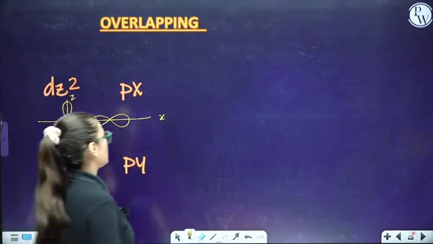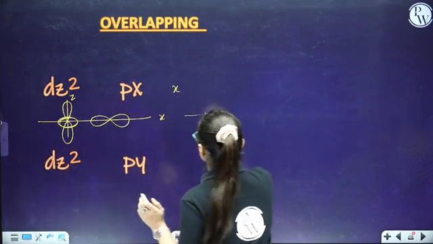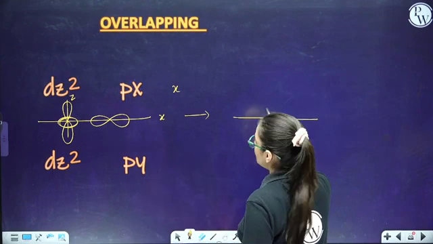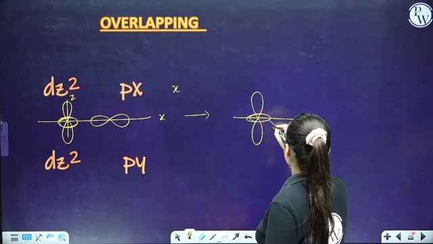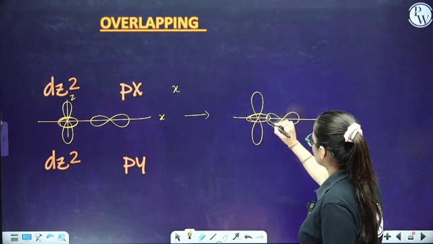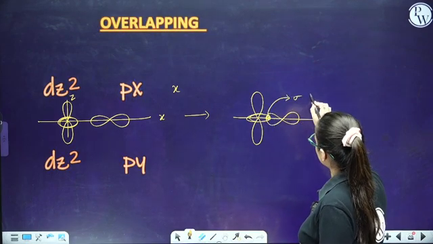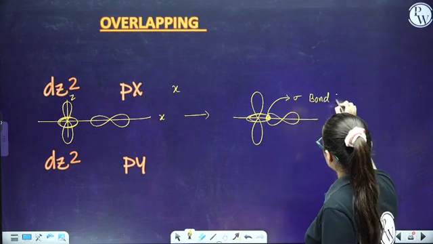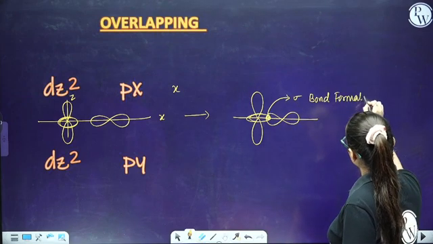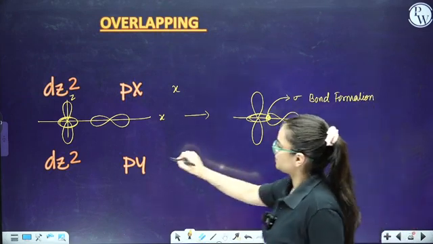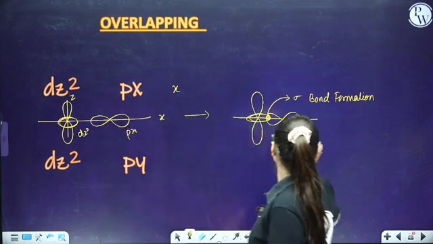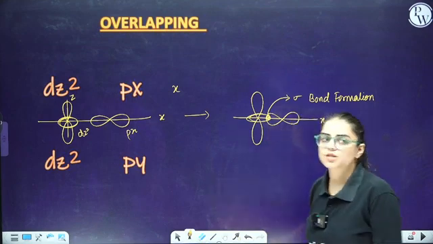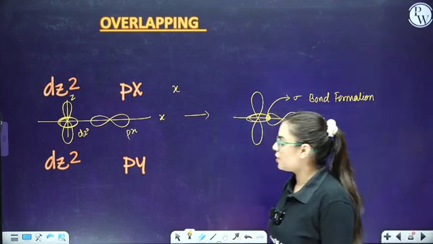So here take x as the internuclear axis. What are you going to get? This is the overlapping region, so sigma bond formation. This is the x-axis, this was px and this was dz square. So over here sigma bond formation.